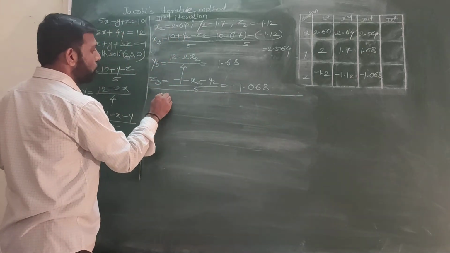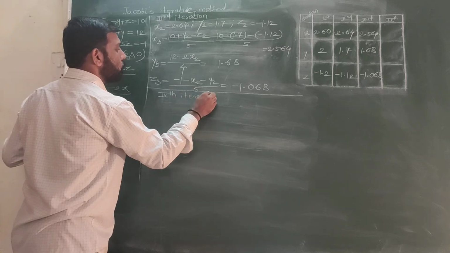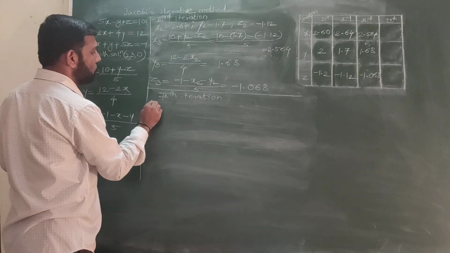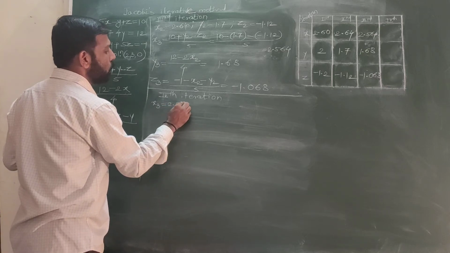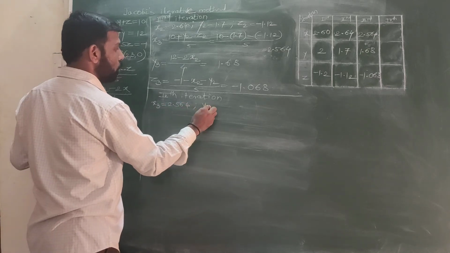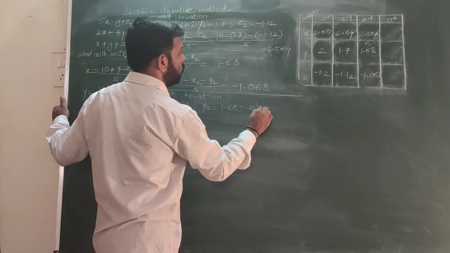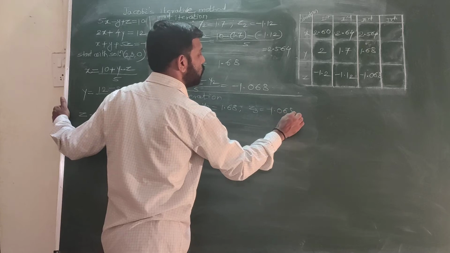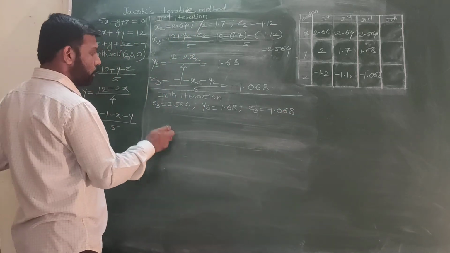Next, fourth iteration. First write down these values x3, y3, z3. These values we have to fix for the fourth iteration.